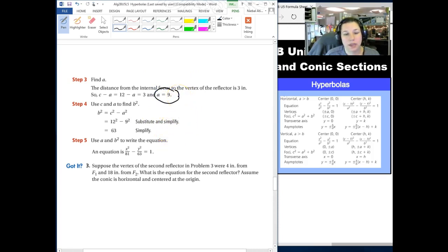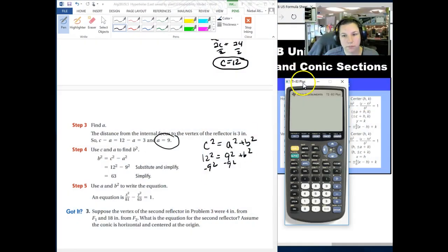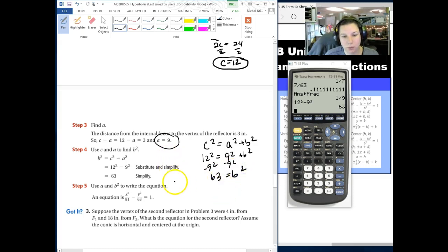And then once we have c and a, we can use c squared equals a squared plus b squared. Our c was 12. Our a is 9. And then we just need to know b squared to put it into the equation.